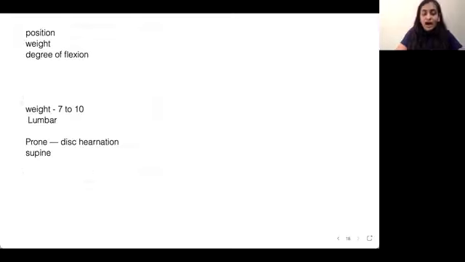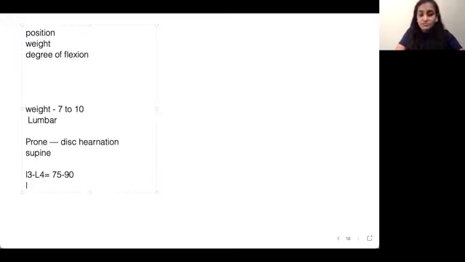So when you are at a higher level, let's say L3, L4 level, what is the degree of hip flexion that is needed? You require 75 to 90 degrees of hip flexion. Here it goes on decreasing as your level goes lower.